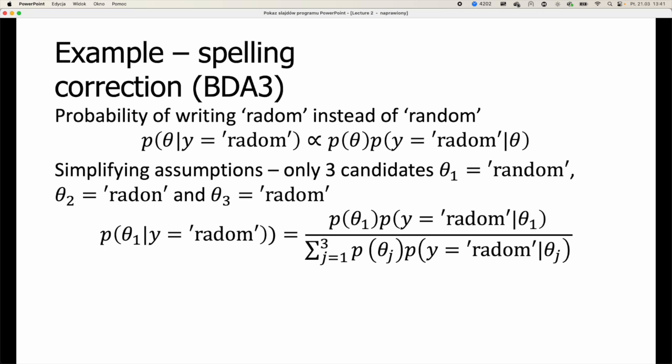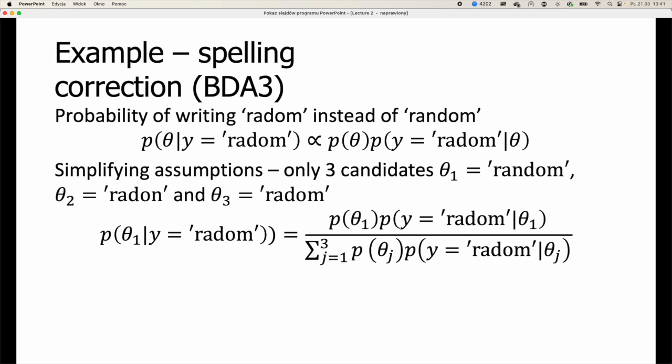The example comes from the book I recommended last time, Bayesian Data Analysis 3. This is a funny example, especially in the Polish context, because the authors decided, okay, let's see what is the probability that when someone was writing random, they actually wrote radom.